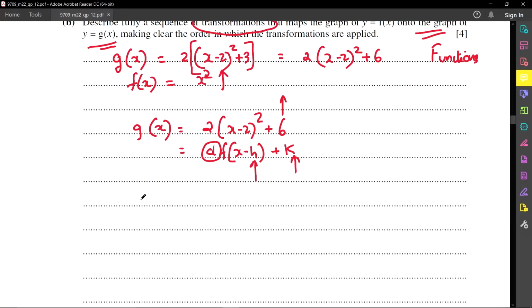So you can write it's a transformation with a stretch factor parallel to the y-axis.